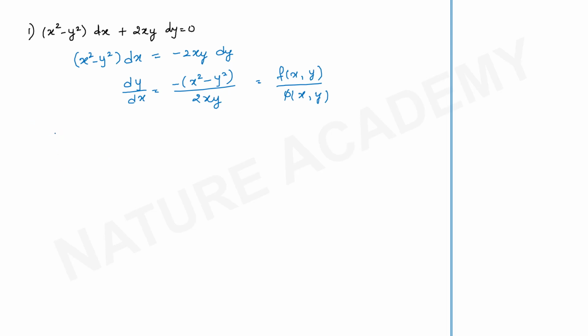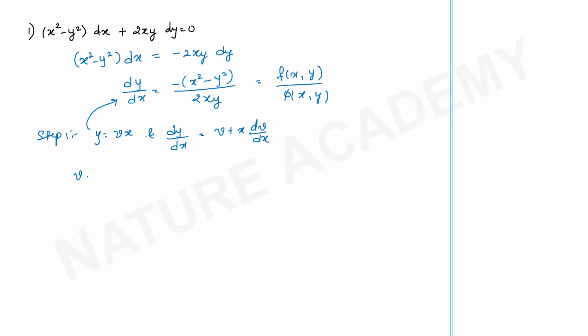Now the first step in the working rule is to substitute y is equal to vx and dy by dx is equal to v plus x into dv by dx in this equation.